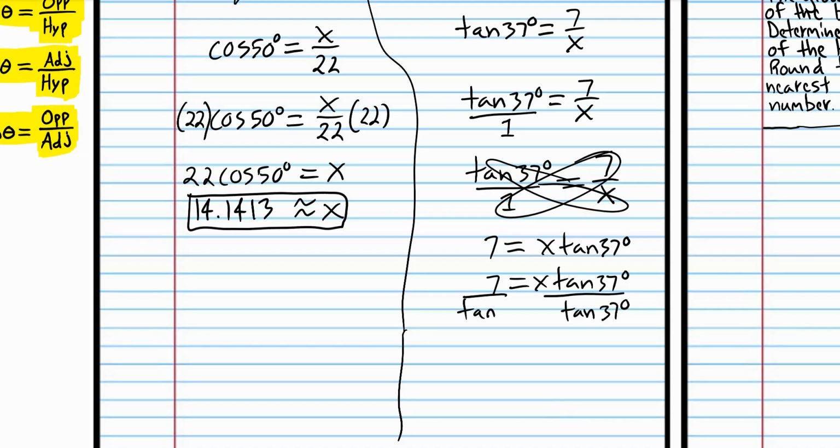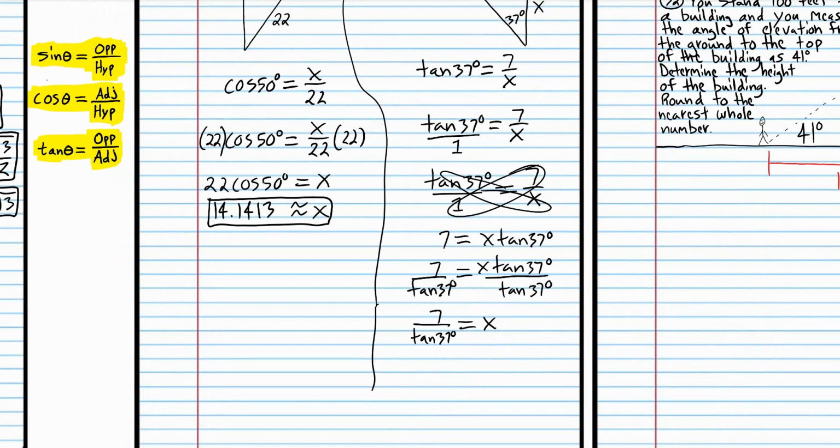So we're going to divide both sides by tangent 37. And the tangents cancel out on the right side of the equation, and we have x is equal to 7 over tangent 37 degrees.